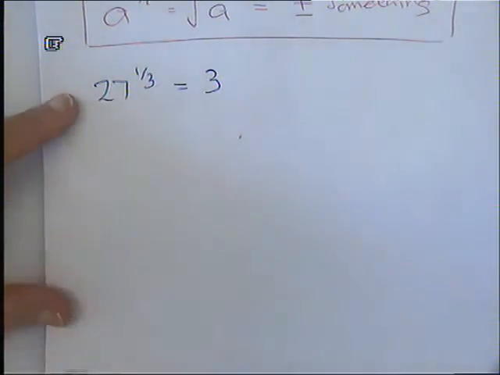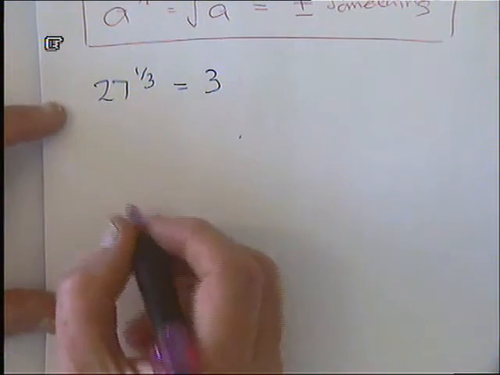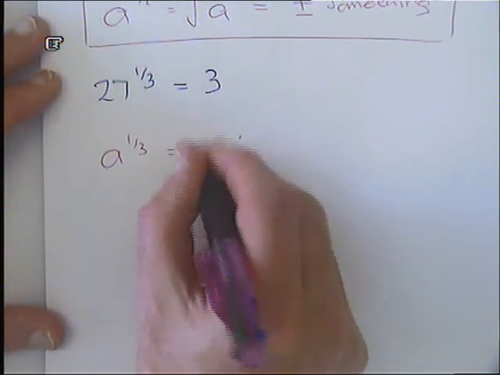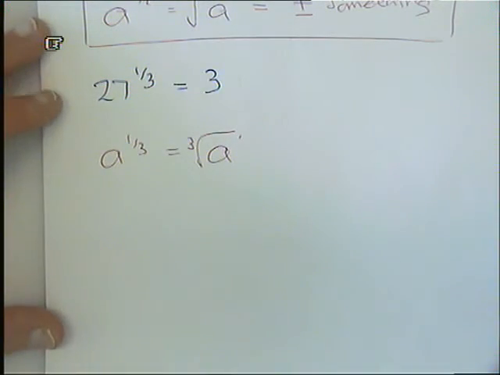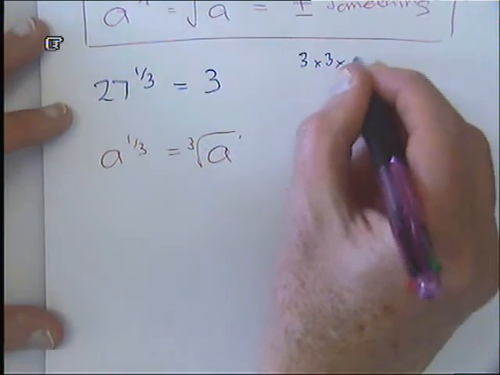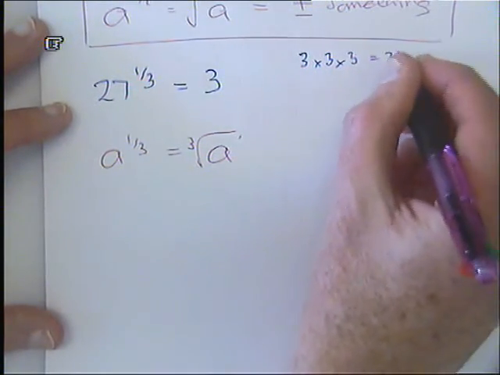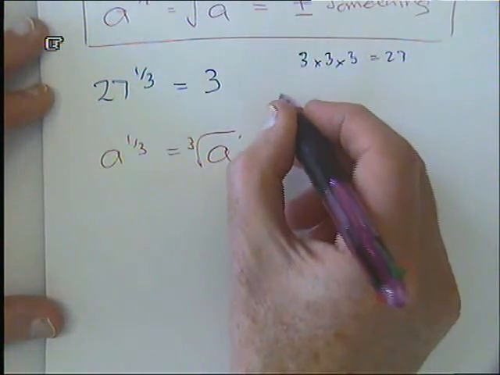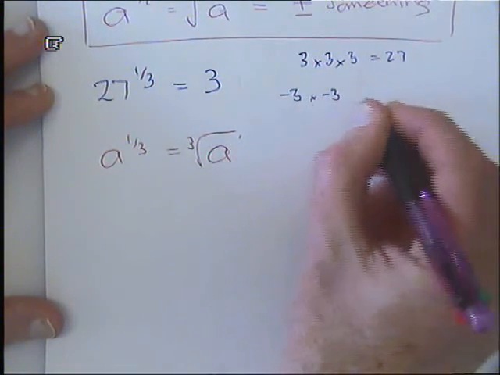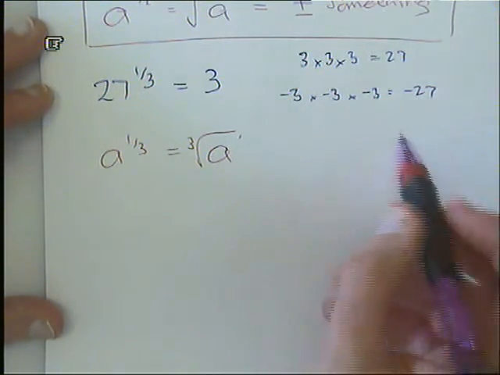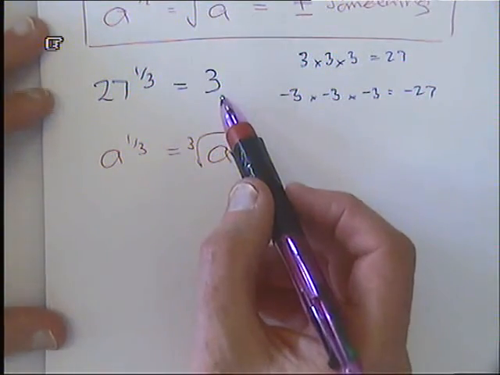What does the power of a third mean, first of all? Cube root. So yeah, anything to the power of a third means the cube root. So, the answer is 3 because 3 times 3 is 9 times 3 is 27. The answer is not minus 3 because minus 3 times minus 3 is 9 times by minus 3 is minus 27. So minus 3 is not an answer here.